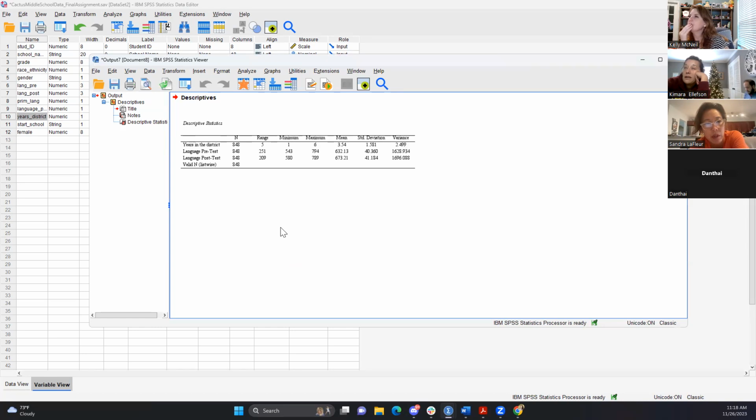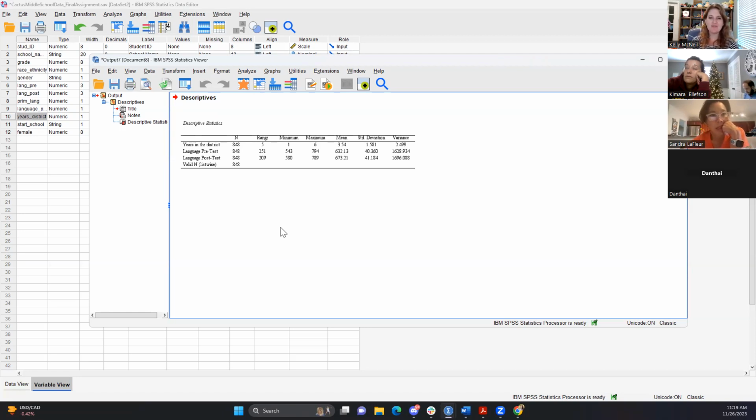Wait a minute. Language pretest. Because what it's giving us is the range instead of each year, right? It's not correlating the years to the test scores. That's what you want to see, right?